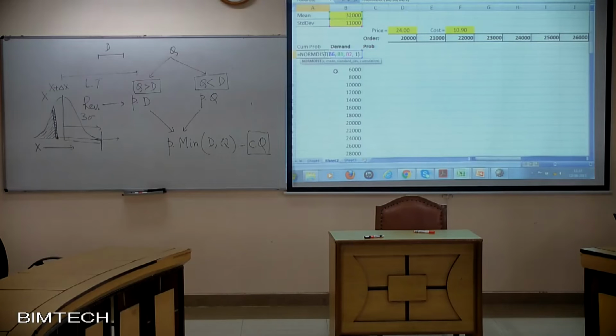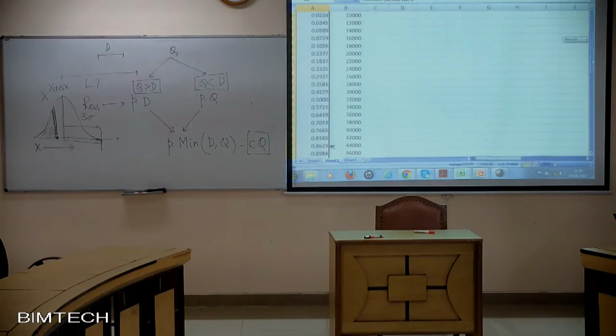And the cells that we want to freeze are B1 and B2, which represent the mean and standard deviation values. So I put a $1 and a $2. Okay, so I hope this is clear. Here I press enter, and then of course I copy this down.